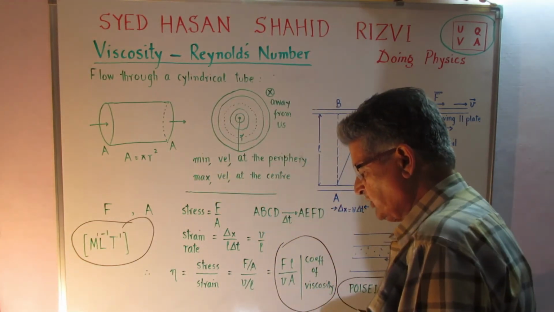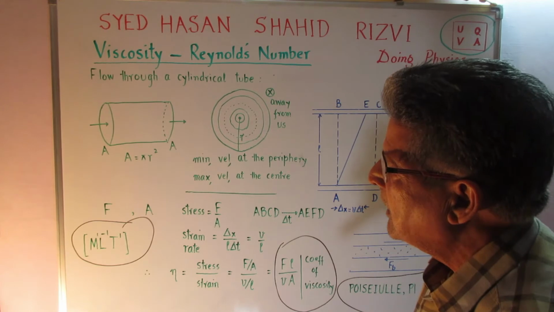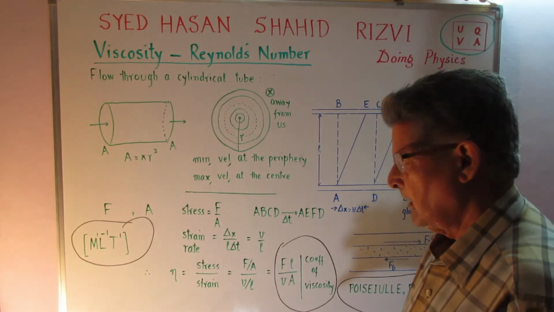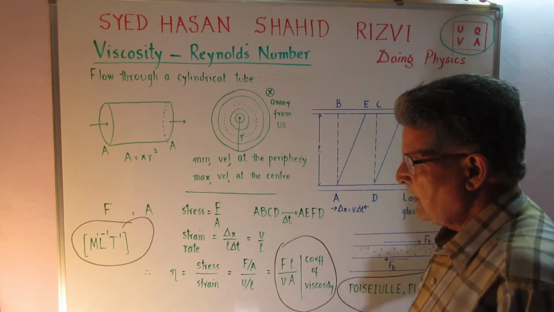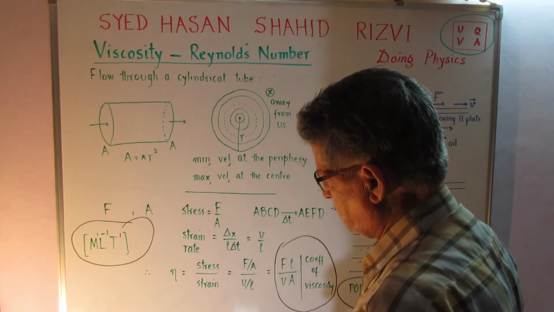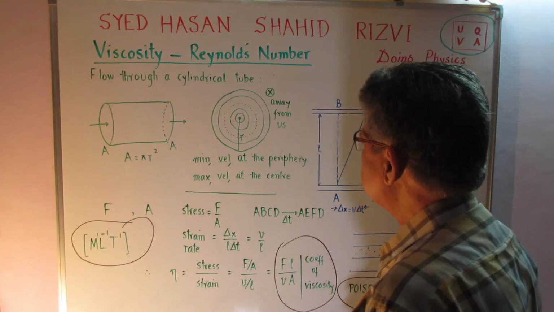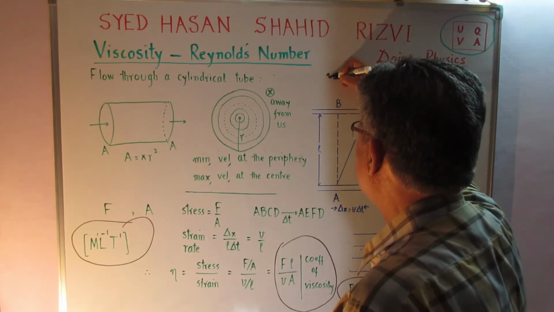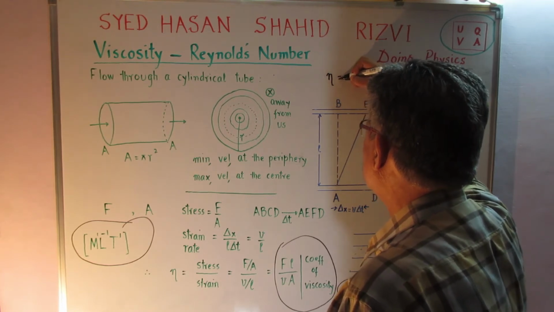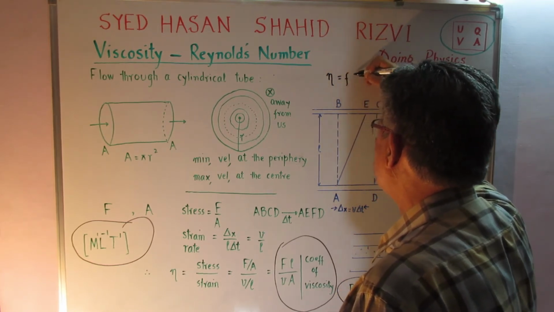The coefficient of viscosity, eta, is different for different liquids. And one of the important factors that I must mention just now is that eta is a function of temperature.